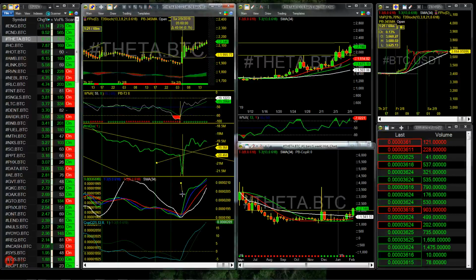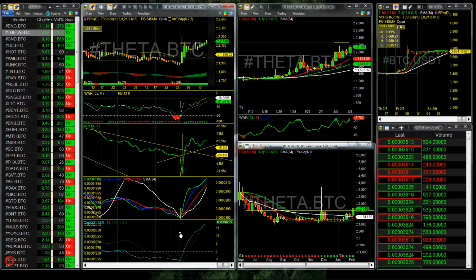I got my T3s, and you can see that all of them, I kind of like this one, the Koperek, crossing over the T3 as a great signal beforehand, a leading indicator.